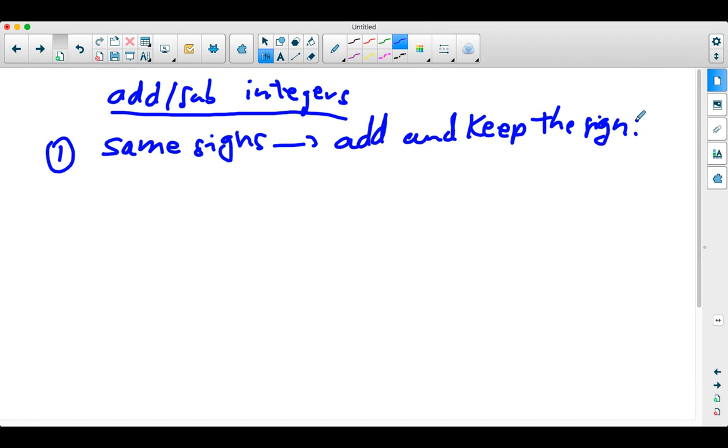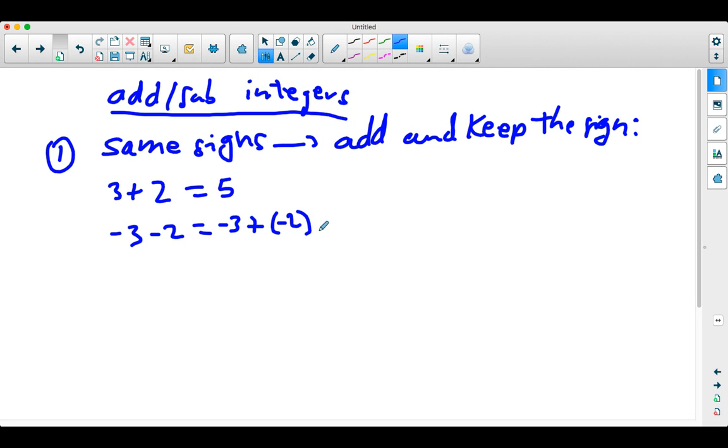Okay, so what this means is that if I have 3 plus 2, 3 is positive, 2 is positive, they are the same sign, they are all positive, so I'm going to add 3 plus 2, I get 5, and the answer is positive 5. Okay, if I have negative 3 minus 2, remember, this is the same as negative 3 plus negative 2.